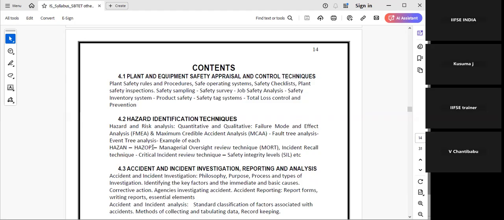We also discuss various hazard identification techniques: mostly fault tree analysis, event tree analysis, FMEA (failure mode effect analysis), HAZOP, and also MOC.